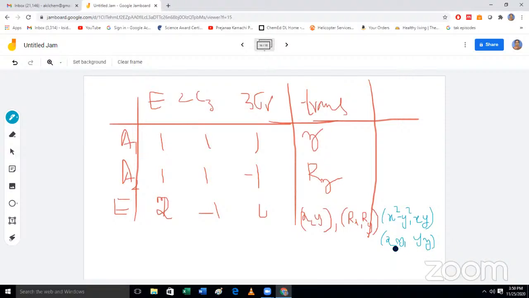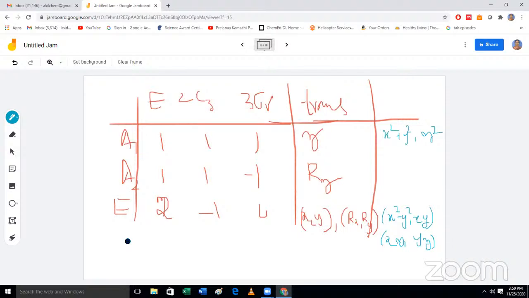And xz, yz also will be located here. While here you will have x squared plus y squared function and z squared function. So this finishes the C3v character table. So you now know how to write the C2v and C3v character tables.